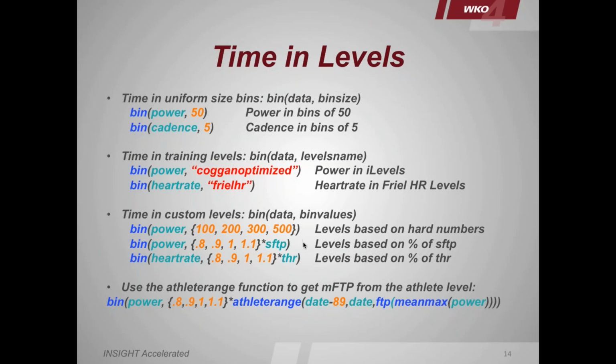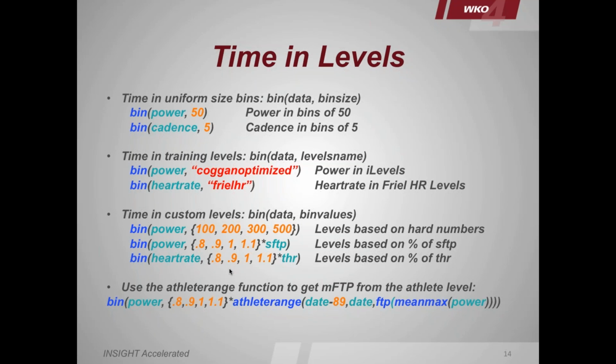You can also create them based on a percentage of your set FTP. So if I take percentages in a set and multiply them by SFTP, that's why understanding how to type in a set of numbers is important. What that's going to do is take SFTP and multiply it by 0.8, 0.9, 1, 1.1, and use that.